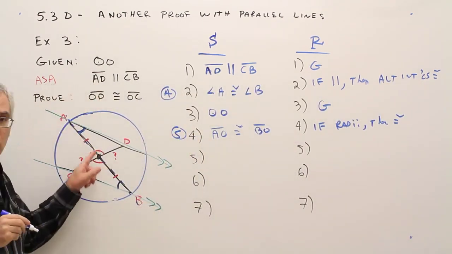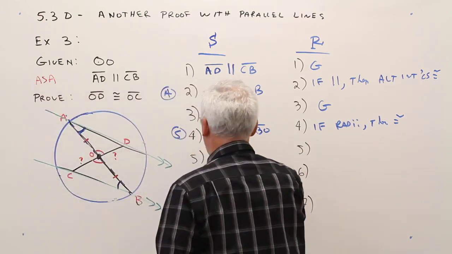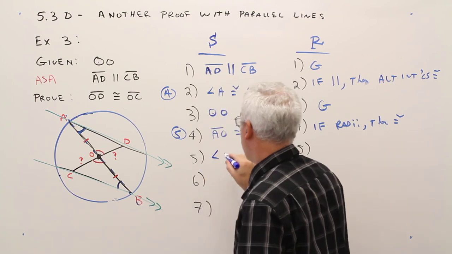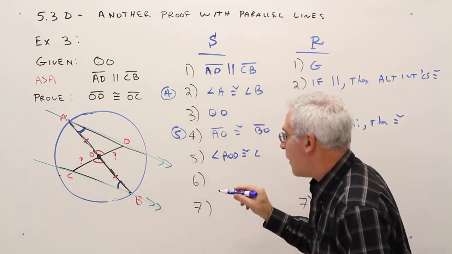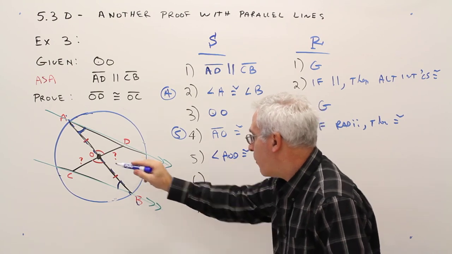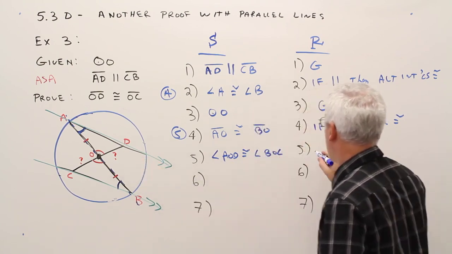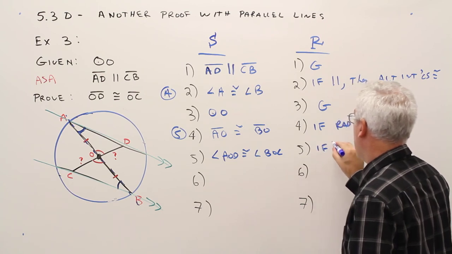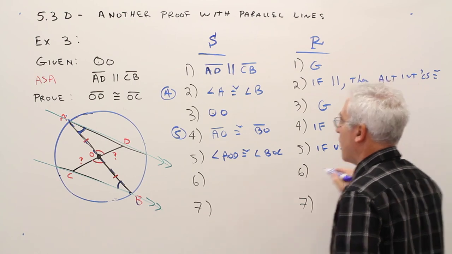And then I'll use the vertical angles for my final angle. I have to use 3 letters here. Angle AOD is congruent to angle BOC. I'll say if vertical angles then congruent.